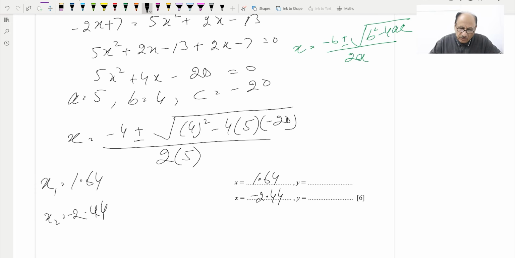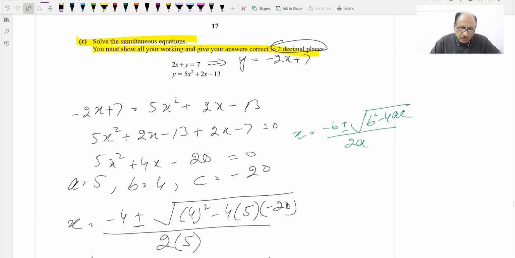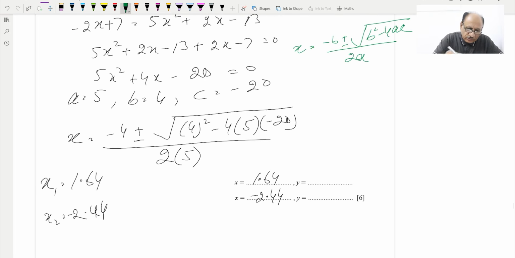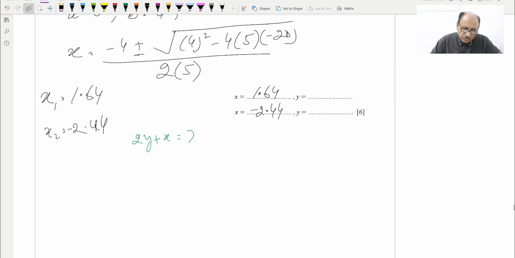Now these x values we will be replacing in y, and we have 2x plus y is equal to 7, sorry, 2x plus y. So we can write 2x plus y is equal to 7.